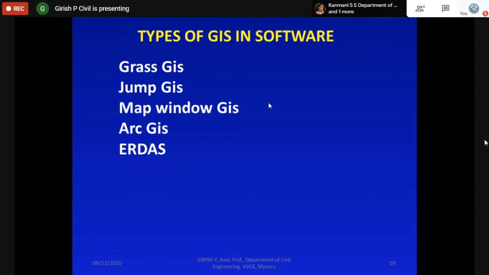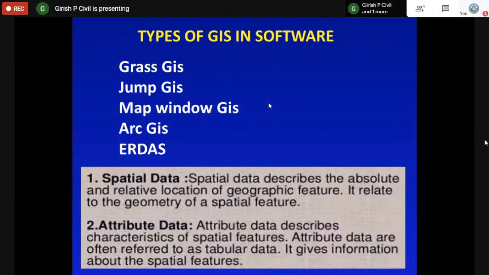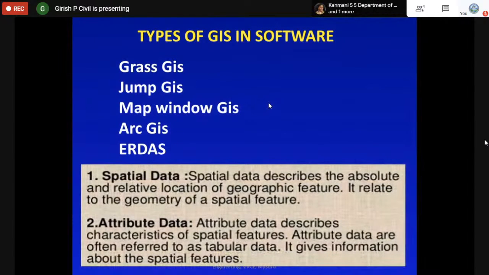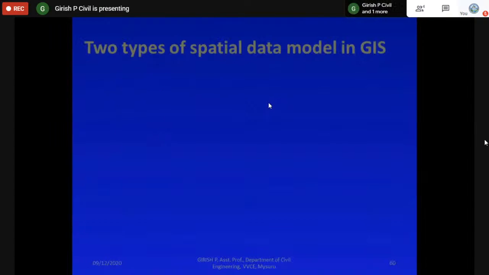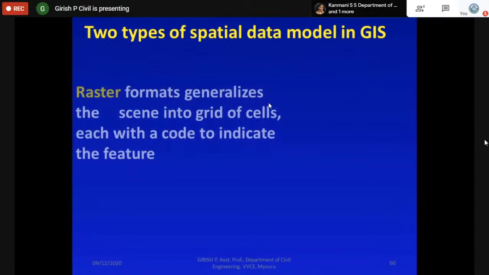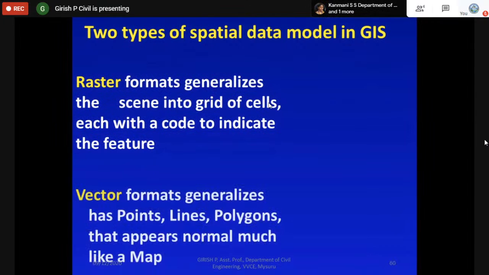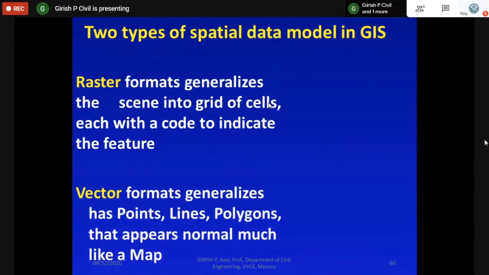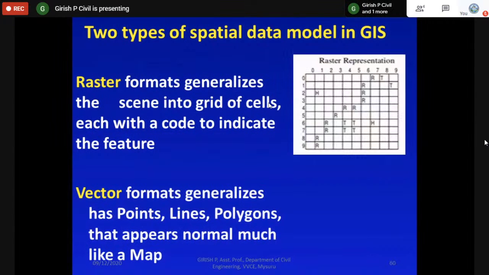From this advanced software, most environmental applications or civil engineering applications are carried out. Through the spatial data and attribute data, GIS works with two types of data model, the raster data model and the vector data model. Raster formats always generalize with grids.